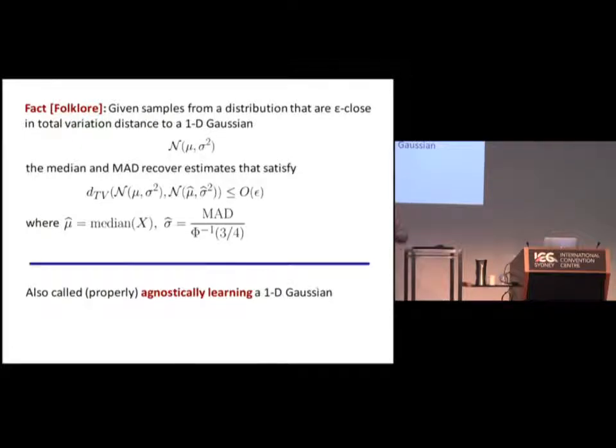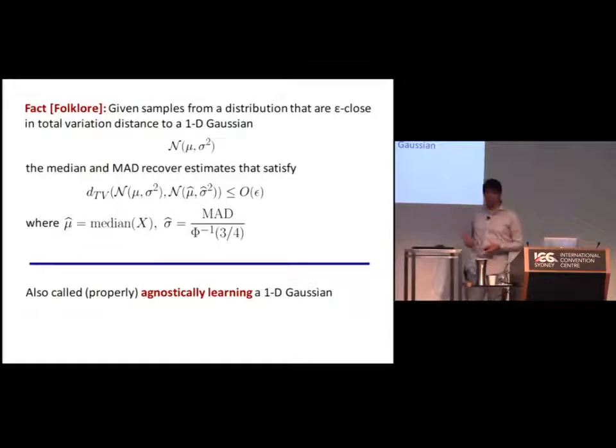We're agnostic to whether or not they really are a Gaussian, but if they're close to a Gaussian, we want to find something that's close as well. That's usually what the notion of agnostic means. And it's proper because we're asking something even stronger of our algorithms: we want to actually find a Gaussian, something from our original family. So this is often called proper agnostic learning.